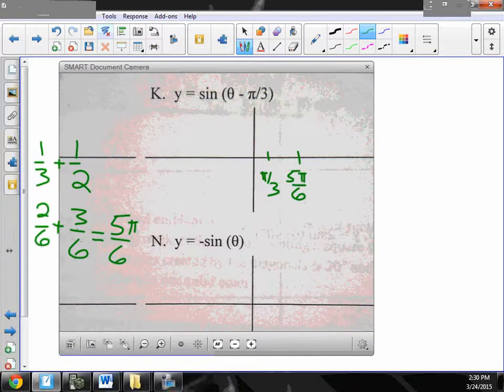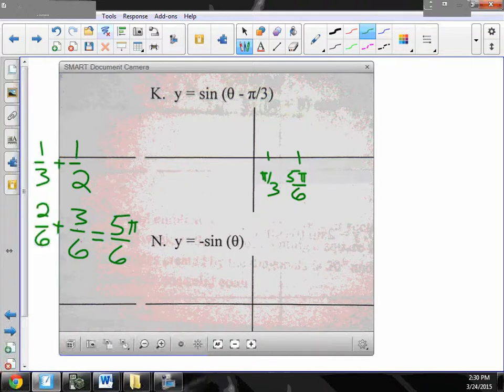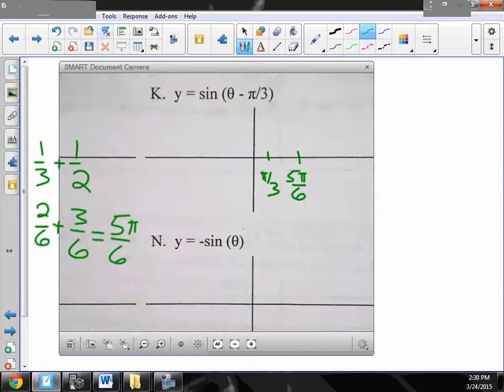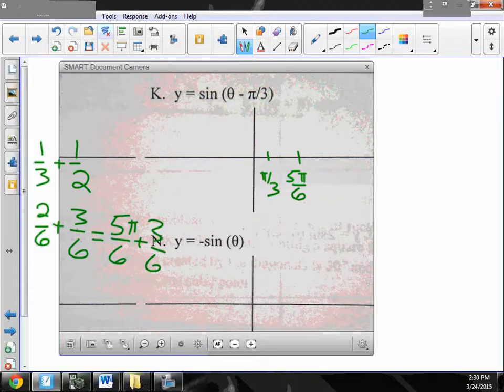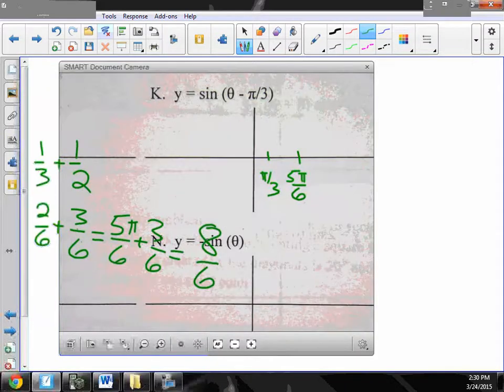How would I reach the one after that? Add another half, also known as 3/6. So I'm going to add 3 over 6, which gives me 8 over 6, also known as 4/3. So 4 pi over 3. How do I find the next one?